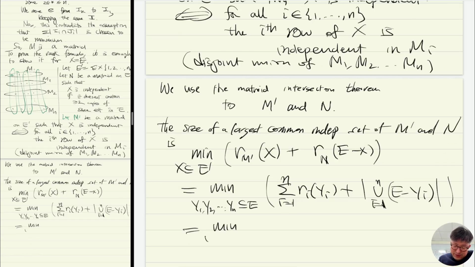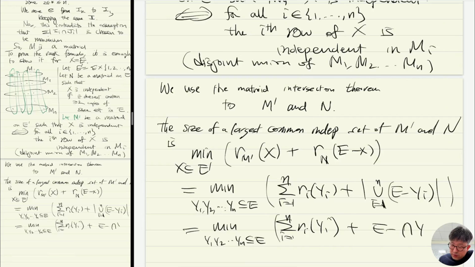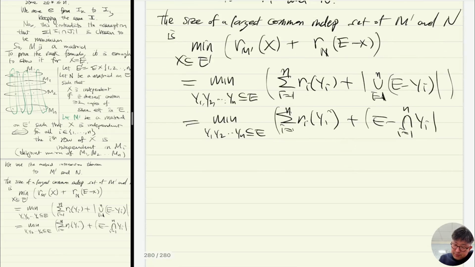Okay, so let me write it again. The first part is good because that's what we want. What about the second part? It's minus the intersection of all Yi. Now, we are only doing minimum, so we'll be happier if the number is getting smaller.